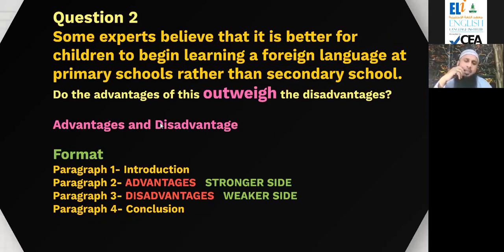So how you write? You write introduction, then advantages, the stronger side first. If disadvantages are stronger, then you write disadvantages, second paragraph, just after introduction. It depends which one is stronger side. That should be after introduction. Okay, then disadvantages and then conclusion. This is how it should look.